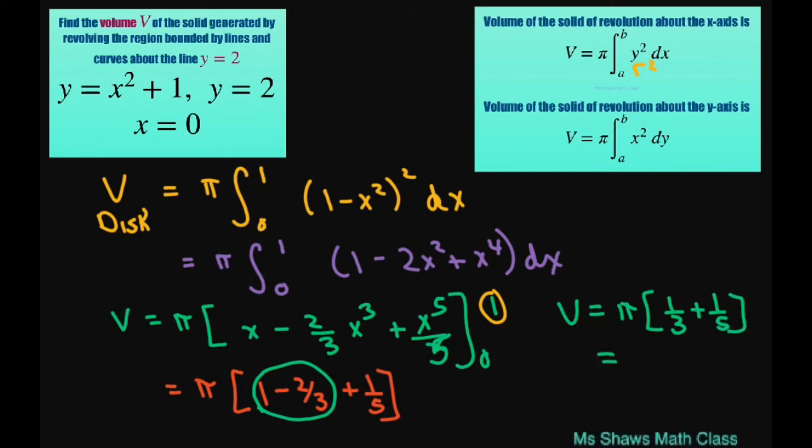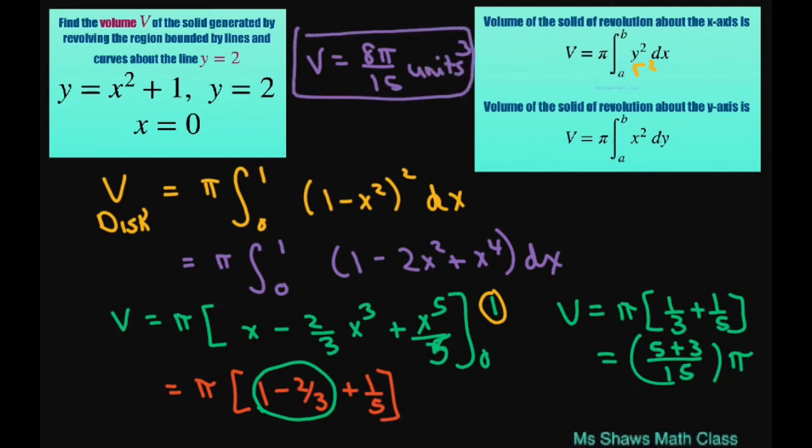And your common denominator is 15. So that's going to be 5 plus 3, and this will be times pi. So your answer is going to be, I'll put it up here, 8 pi divided by 15 units cubed. And that is your final answer.